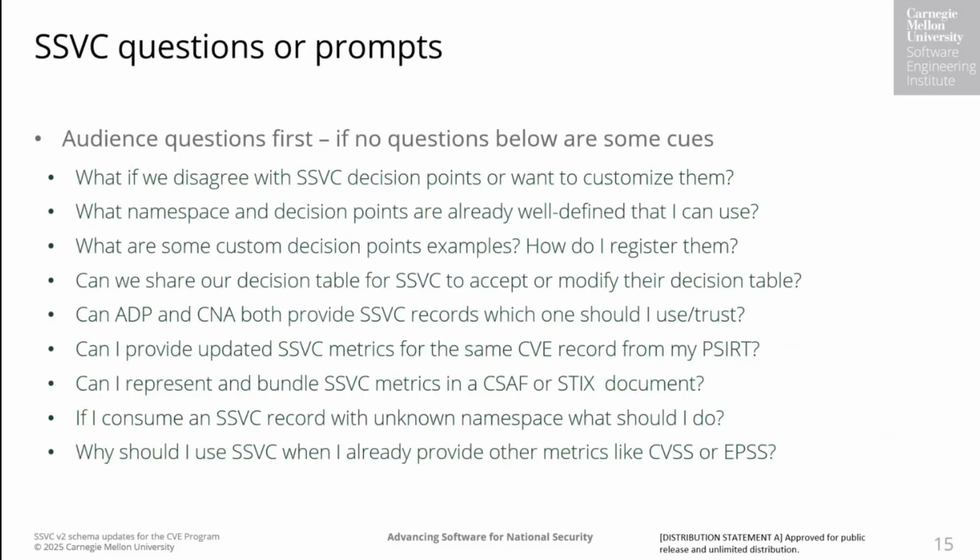This is prompts for questions. I'm sorry, I didn't realize I was this slow in speaking, but here I'm at the end. For whatever few seconds we have, these are the questions I put out there to try to engage in a conversation. I'll put a link to the PR, the pull request where we described this particular idea of including this in the CVE record and what it means for the consumer.